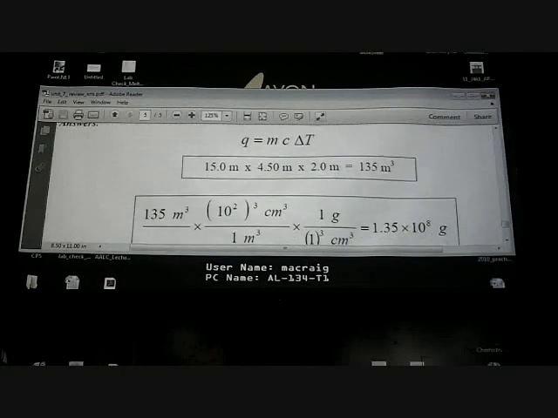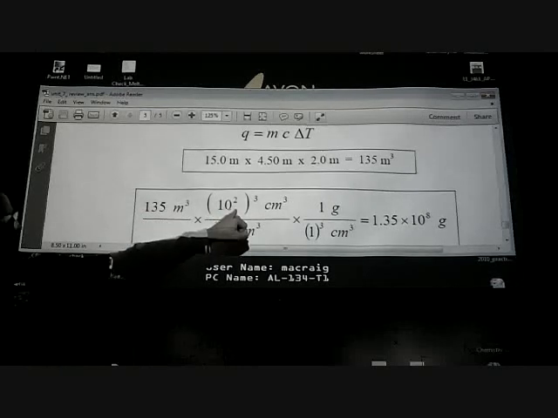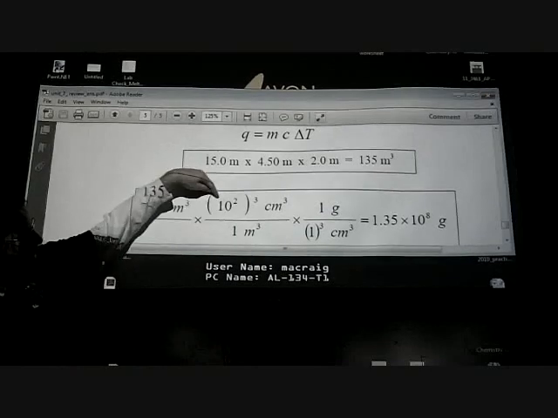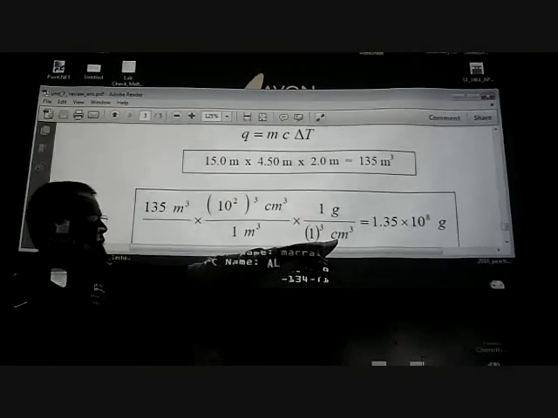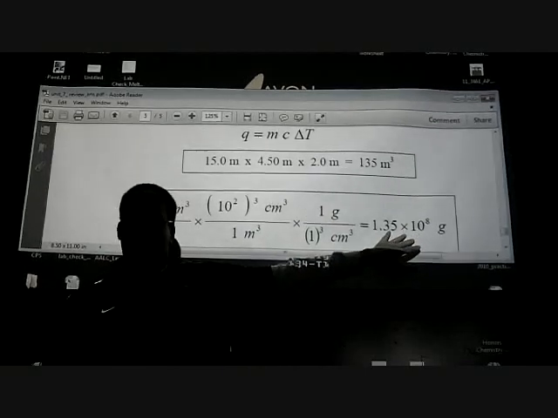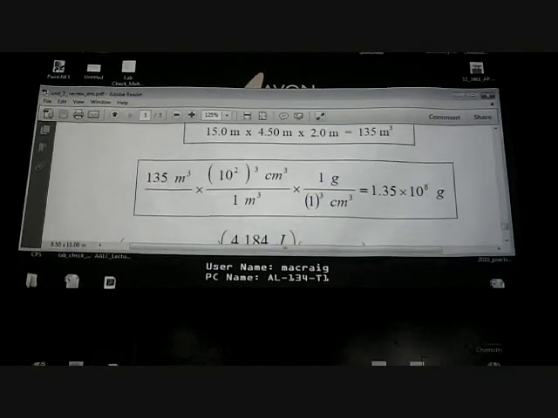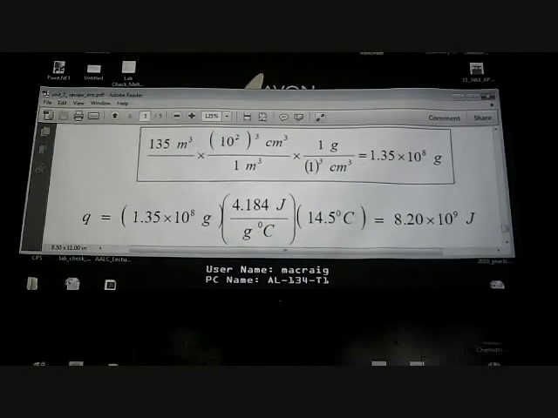So take the 135 meters cubed and multiply it by 100 centimeters in a meter, but we have to cube those. And then for every gram of water, it's 1 centimeter cubed. So there's your mass of the water. That's why I gave you the volumes. And then from there, plug and chug. So that's how much energy we need.